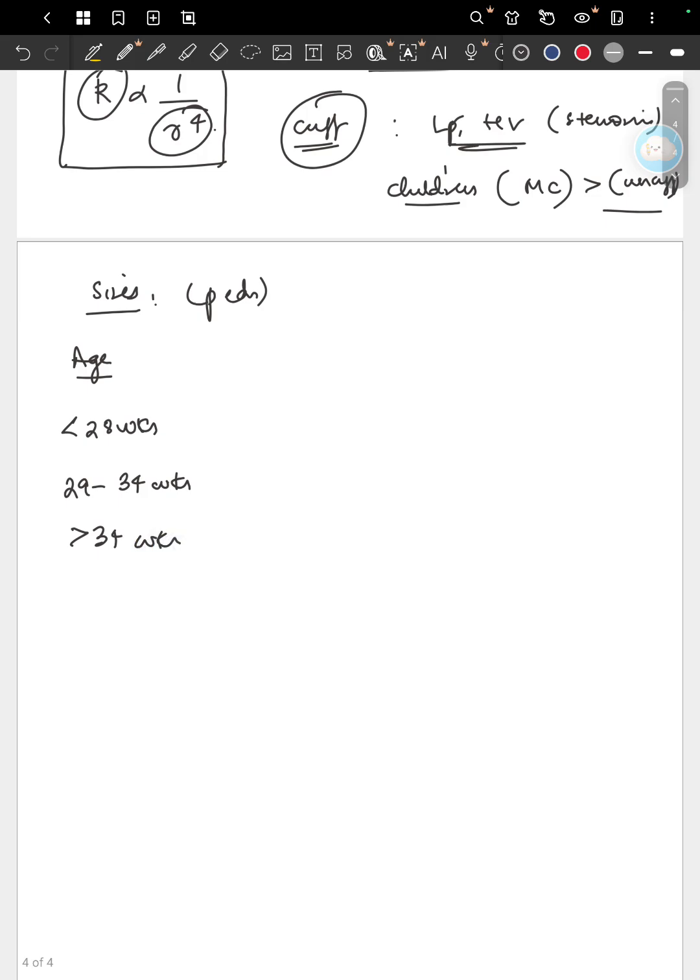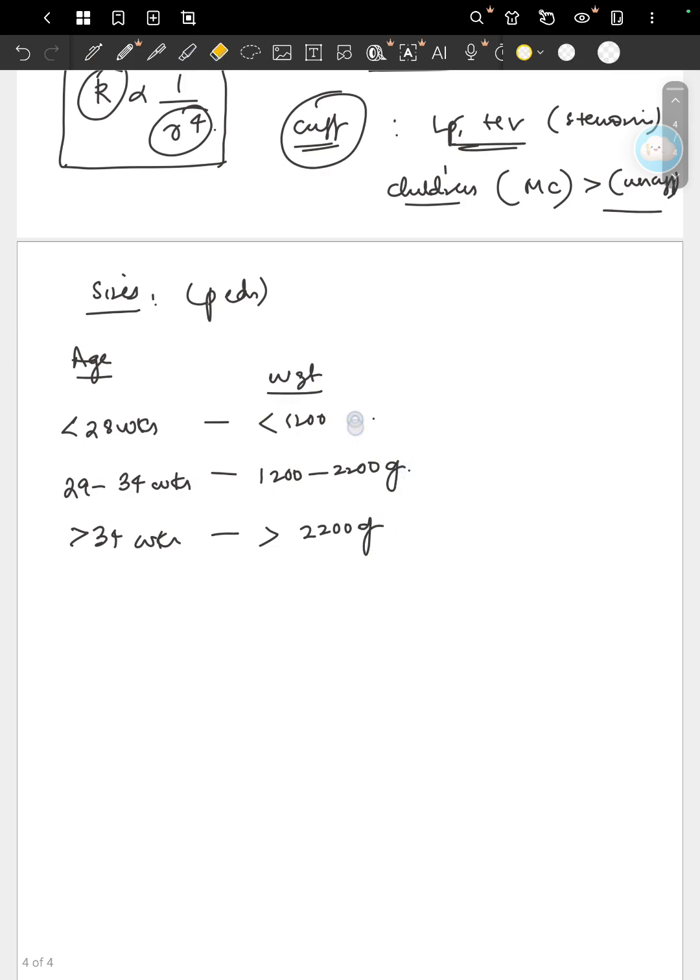So these are different ages. Now we'll be talking about weight also. If it is a premature baby, obviously it is less than 1.5 kg, then 1200 to 2200, then greater than 2200. So this is how the weight is.